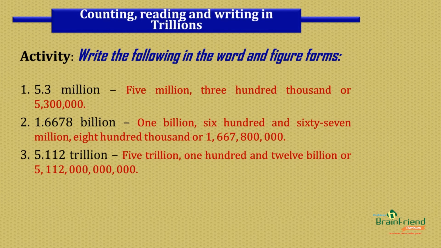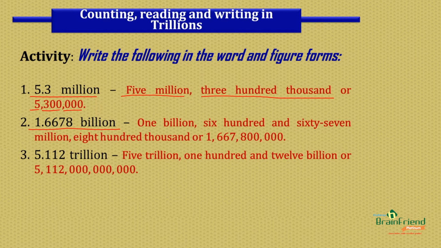Write the following in word and figure forms. We have 5.3 million. Now in words, we can express that as 5,300,000. And in figures, we have 5, 300, and 3 zeros. Secondly, we have 1.6678 billion.